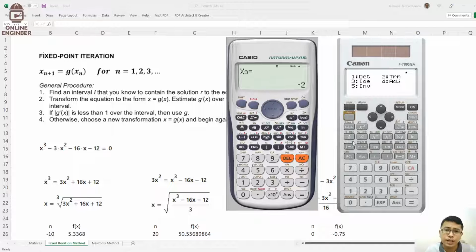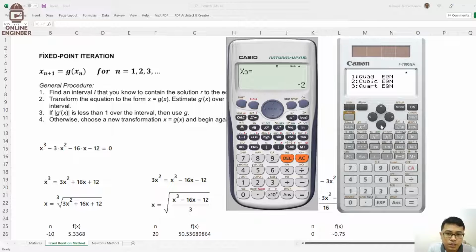If we're going to use your Canon calculator over here, we simply go to equation. So we have 3 unknowns. The beauty of the Canon calculator, guys, is it could even solve up to 4 unknowns, a system of equations in 4 unknowns. But we're not interested in the unknowns because we already have x here. However, we have a cubic equation.